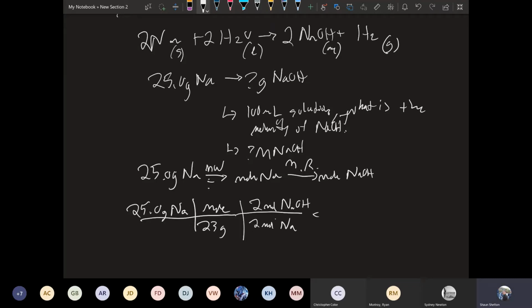All right, so the grams cancel out, the moles of sodium cancel out, and that will leave you with moles of sodium hydroxide. So doing this, you're going to take 25 divided by 23, which gives me 1.09 moles of sodium hydroxide. Now remember, the 2 over 2 basically cancels out, 1 to 1, so it reduces.